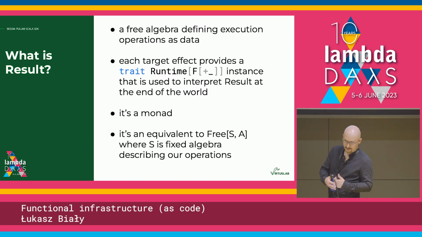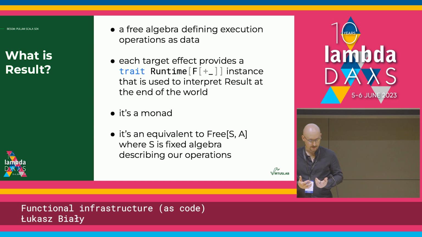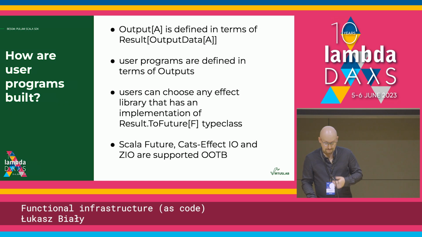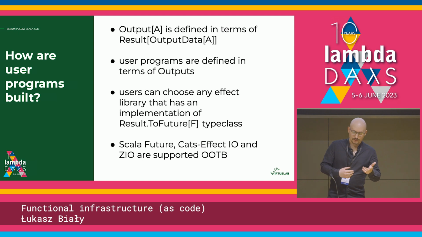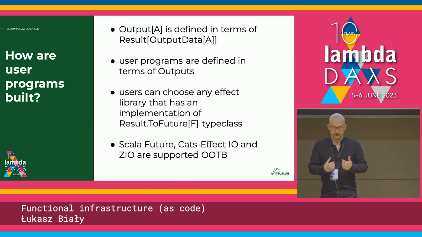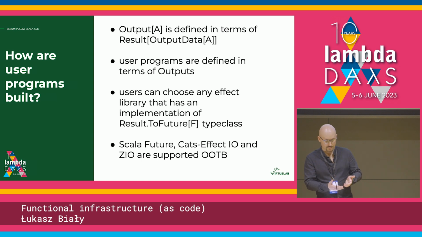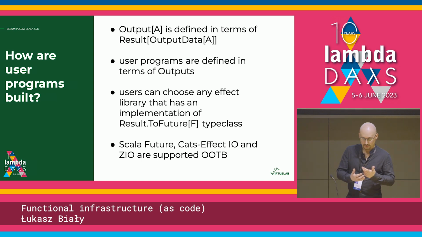And it's also equivalent to a free monad, which is Free of S to A, where S is our fixed algebra describing our operations. The programs that users build don't interface with Result. That was one thing that we wanted to do, and we wanted to hide it. We wanted to hide the integration layer beneath APIs, so all the user programs are actually built in terms of Outputs.